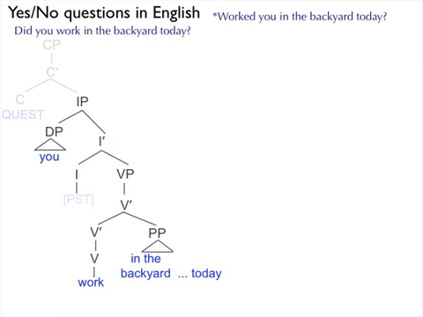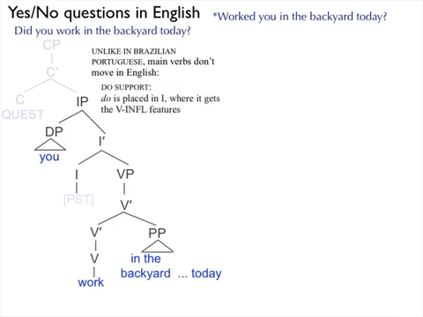The V is not in that slot, because a key difference between English and most other European languages, for that matter, is that English doesn't have verb movement for main verbs. It only allows movement into the I slot for auxiliary verbs. And that's the explanation for why we get what we do.